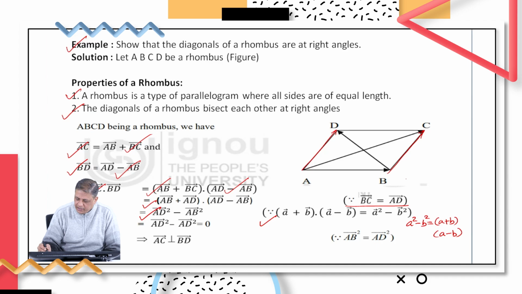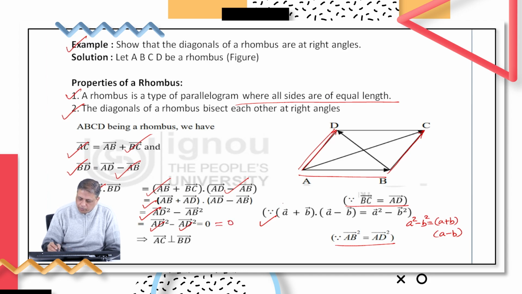Now, square of AD is equal to square of AB, because all sides are of equal length. So AD will be equal to AB, as a result of which the difference between the two, that is AD square minus AB square, can be expressed as AD square minus AD square. This turns out to be 0.